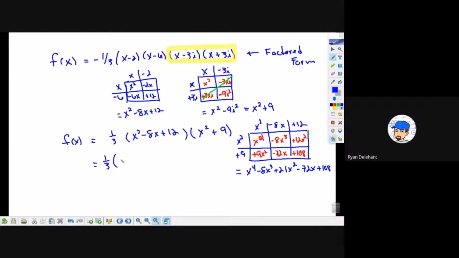So 1/3 x to the 4th minus 8x to the 3rd plus 21x squared minus 72x plus 108.